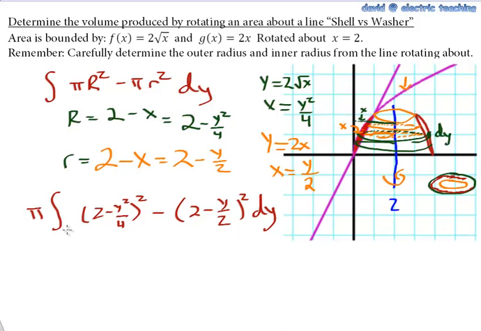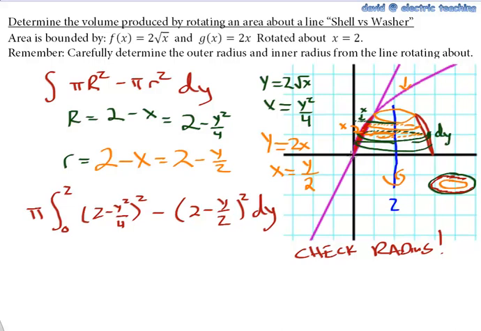So it looks like we're going from 0 to 2, and I always want to check my radius. You should always check the radius in each situation. If I put in 0 for y right here, the radius at y equals 0 should be 2 for both of these.